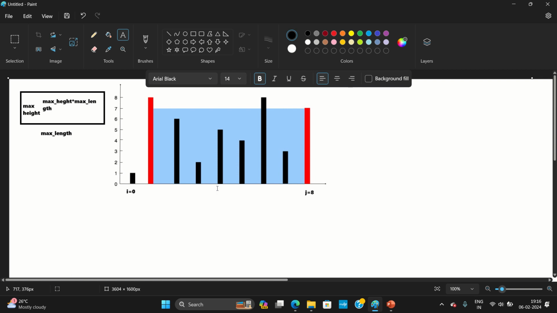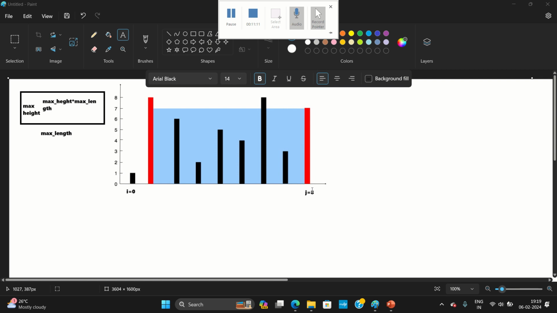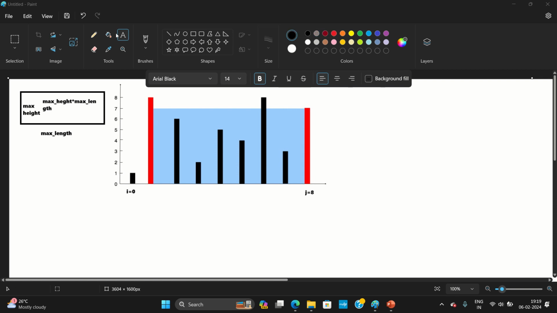Our tendency will be to reach the maximum height in order to go to the maximum area. So our approach will be to find the maximum height in each case, calculate the area each time, and compare it with the previous maximum area. The approach is the same as previous, but this time with only one loop.